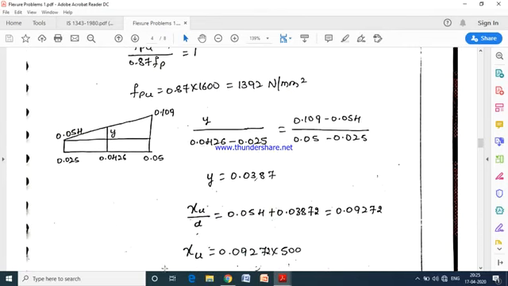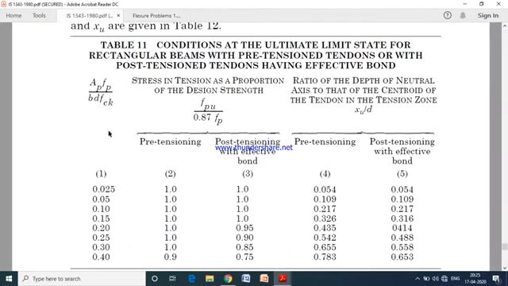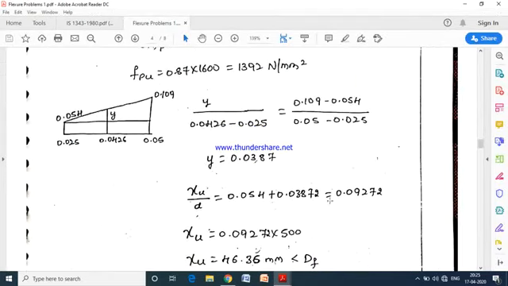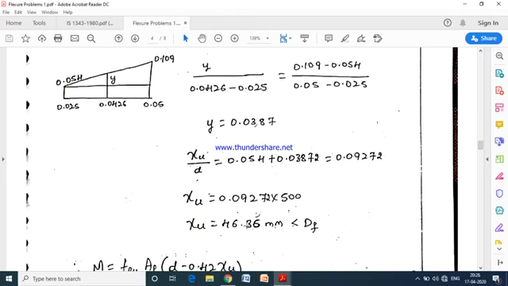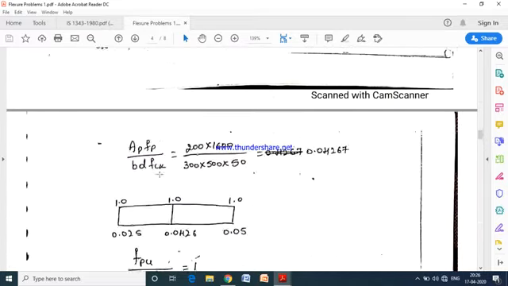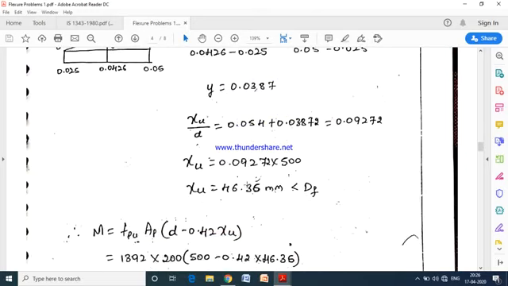Similarly for XU also refer the same codebook. It is 0.054 and 0.109. By interpolating we will get 0.09272. So XU is 46.36. So here you can see the depth of the flange is 200 and XU value is 46.36.